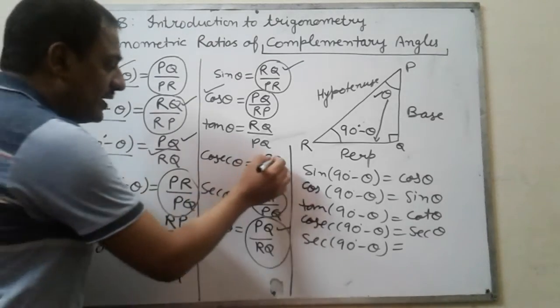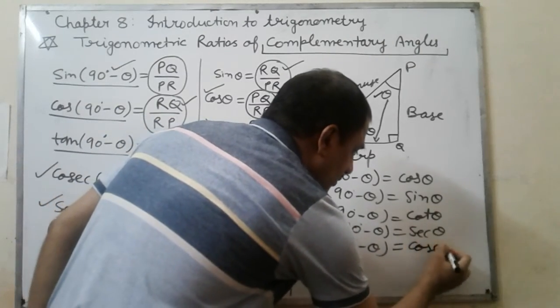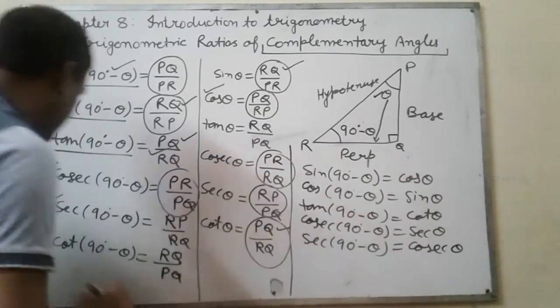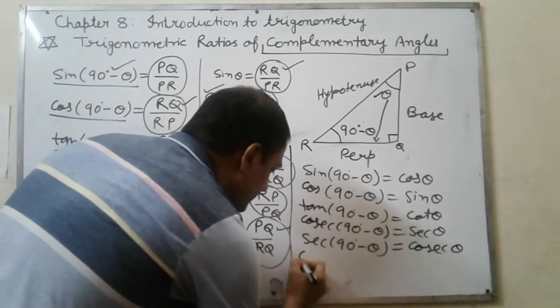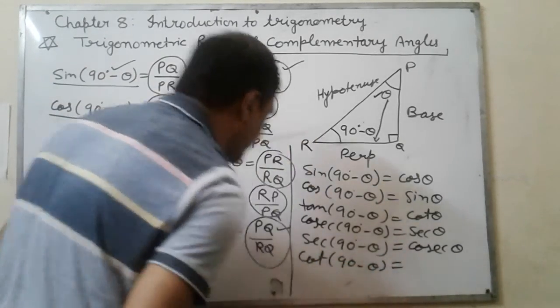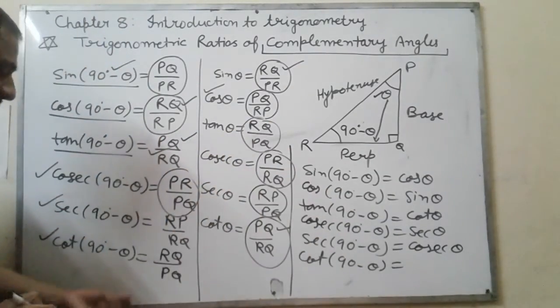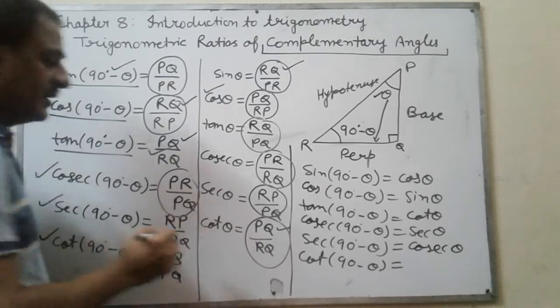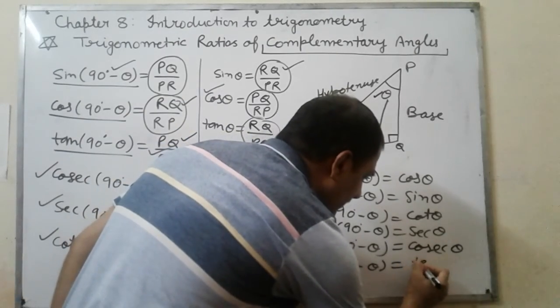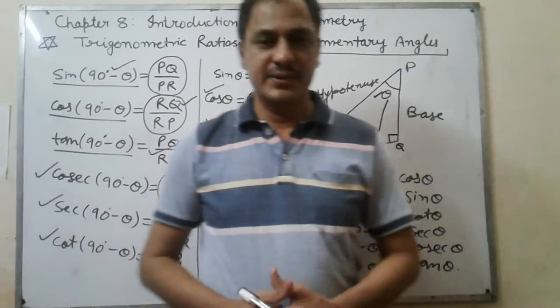Here RP upon RQ is here. It means sec 90 minus theta equal to cosec theta. And cot 90 degree minus theta is equal to RQ upon PQ, and here also RQ upon PQ. It means cot 90 minus theta equal to tan theta. Thank you, children.